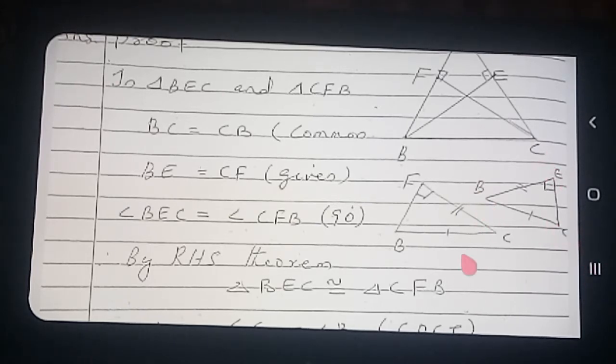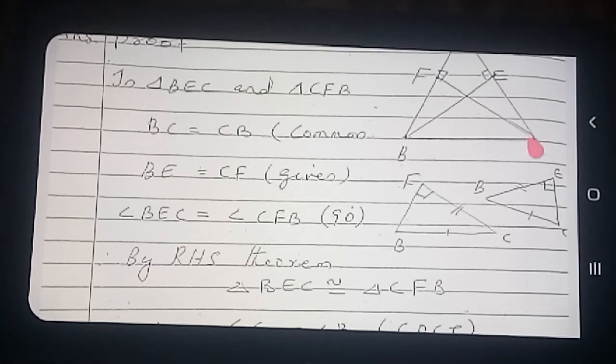BEC, this one, and CFB, this one. So these two triangles are congruent. Therefore, its corresponding parts are congruent. See here, angle C and angle B, in the same position.